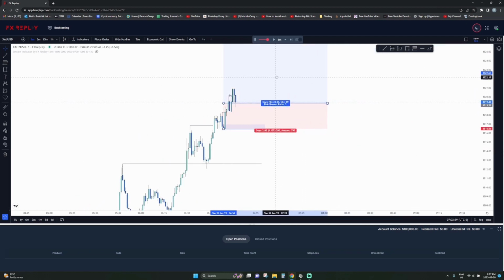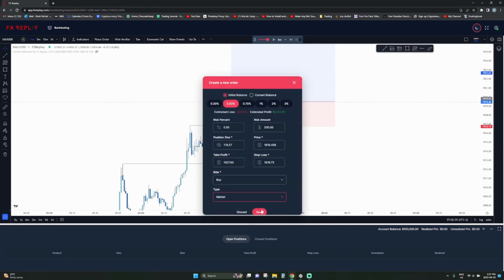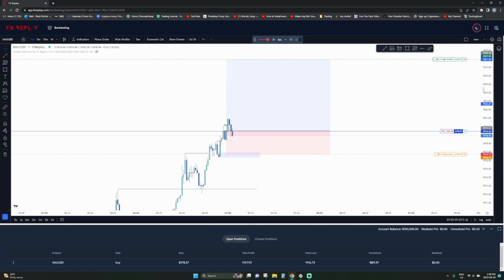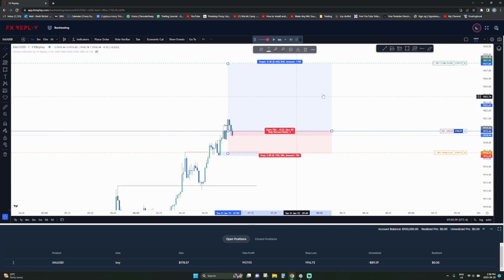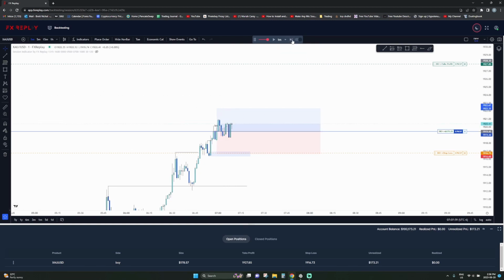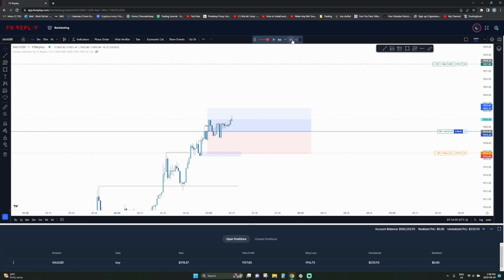So in that case, let's take it. Let's go place order, market, buy. Same thing. See what happens here, guys. So we're in the position right there. So break even at 1 hour. Let's see what happens, guys.